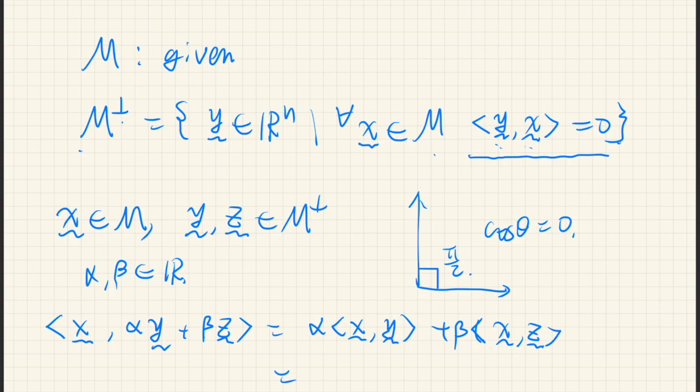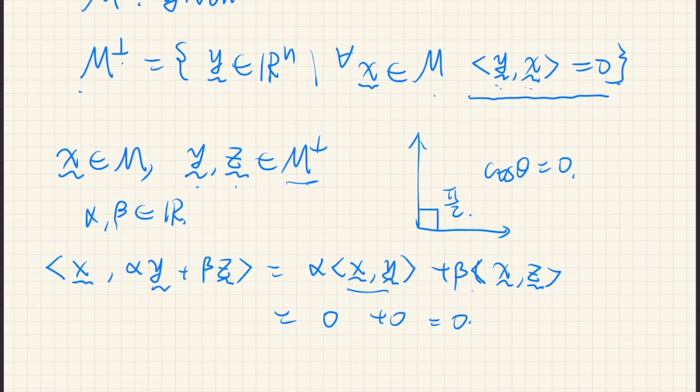But since y and z are in M orthogonal, this should be equal to 0, and this should be equal to 0. So the result is 0. That means a linear combination of any two vectors in M orthogonal is again orthogonal to M. So M orthogonal indeed includes all vectors that are orthogonal to any vectors in M.